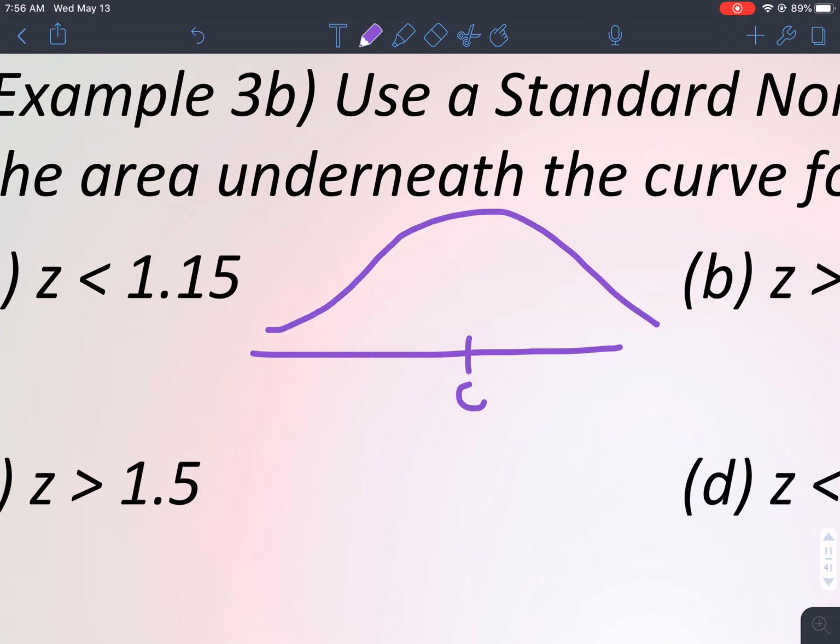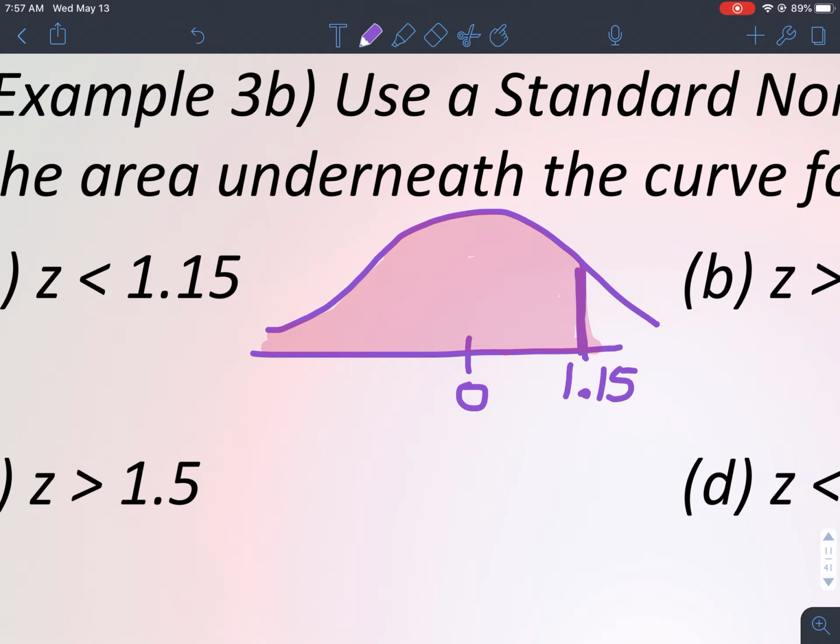The mean is 0, that's going to be right in the middle. So positive 1.15 is going to be 1.15 standard deviations to the right. And then less than that is going to be the area to the left. So what percentage of the data is in that shaded region?